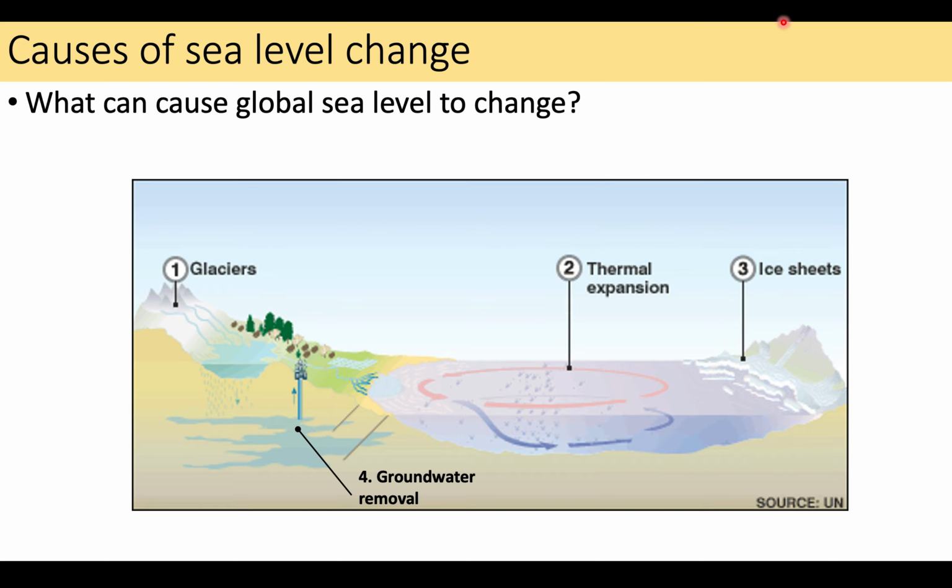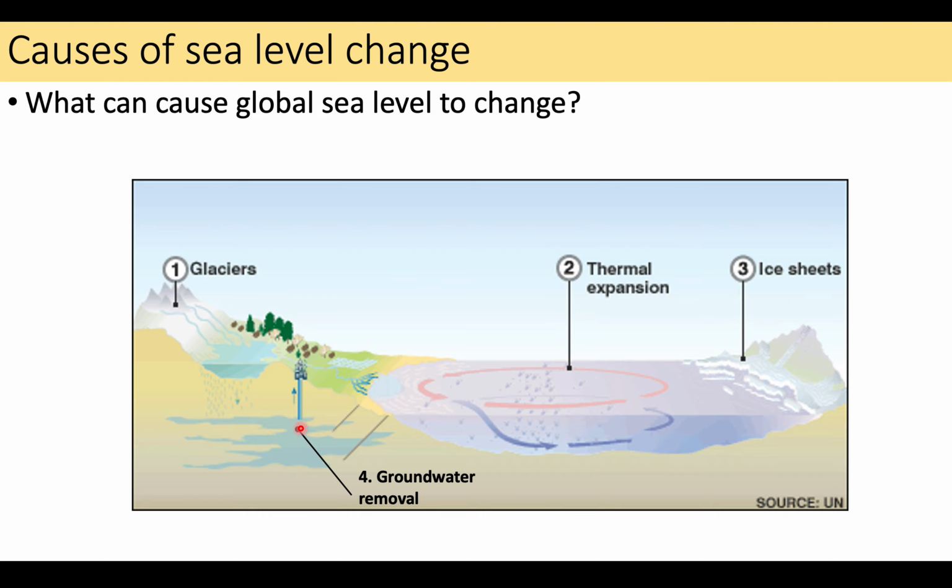And then the last and smallest cause of global sea level rise is groundwater removal. So removing water from our continents can actually cause our land to sink down a little bit, and we're not putting water back into the continent.